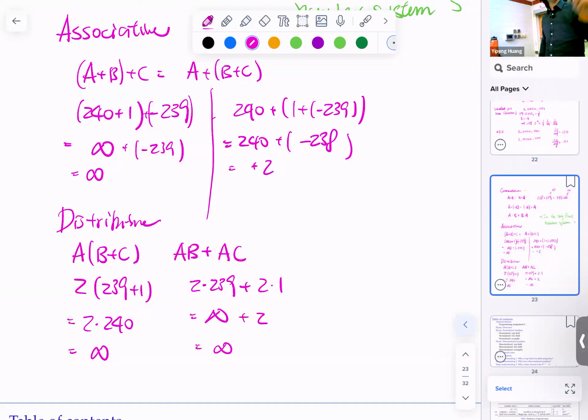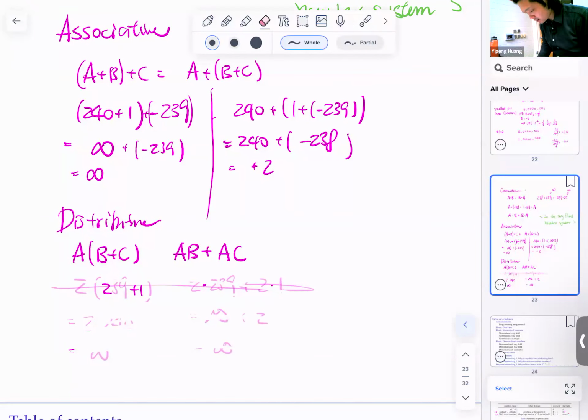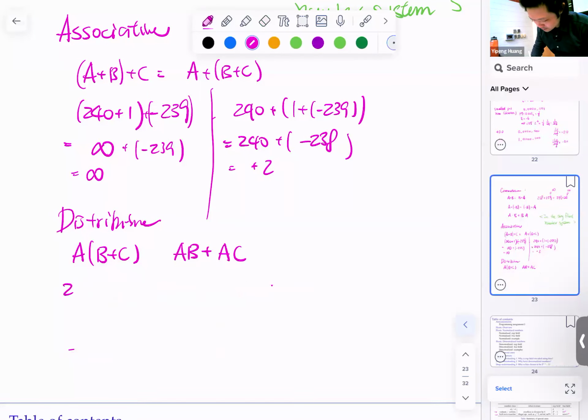So let's try, yeah. What if you make A 2^40 and then B positive 1? Say that again? A is 2^40, B is positive 1, and C is negative 1. Okay, let's make another attempt to make this fail. Let's make A 2^40, and then +1, -1.